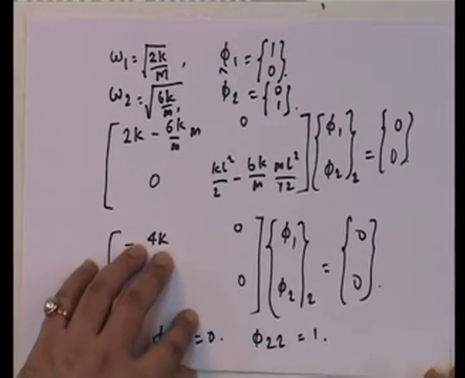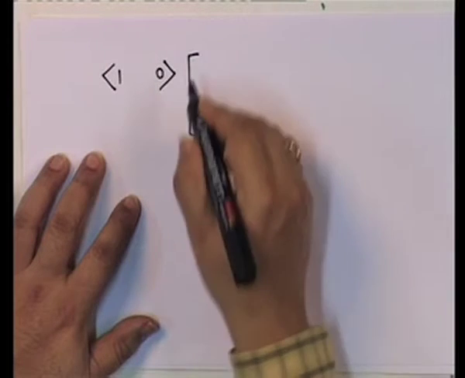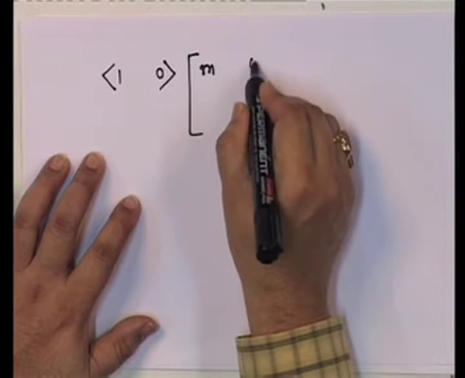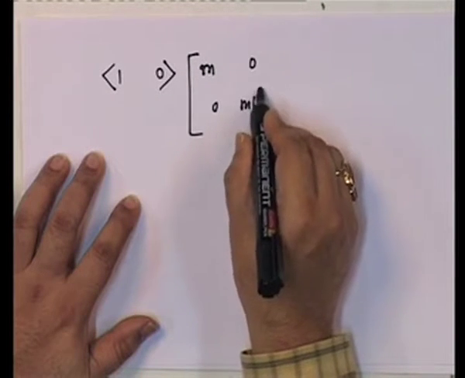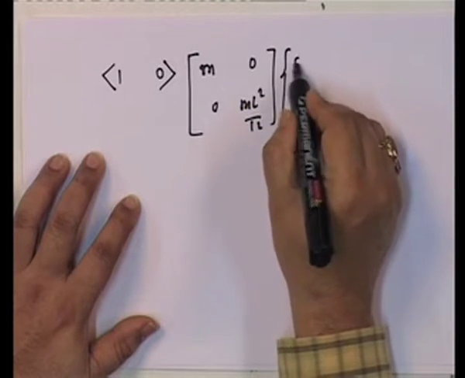Now, let us look at what these mean. First of all, let me try to see if these are orthogonal with respect to each other. Well, let us see, are they mass orthogonal? Well, let us put it in: 1, 0 into the mass. Mass matrix is m, 0, 0, m L squared by 12, into 0, 1.